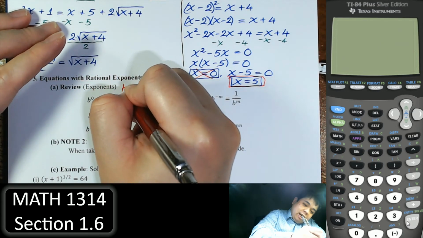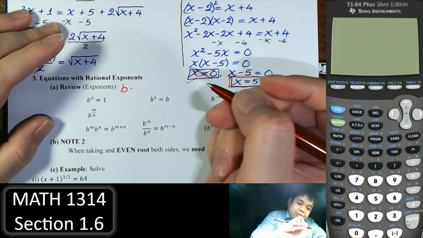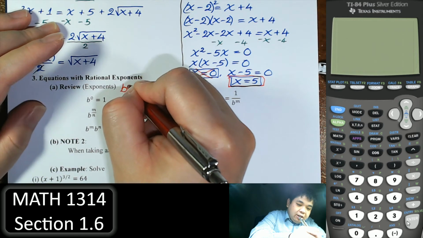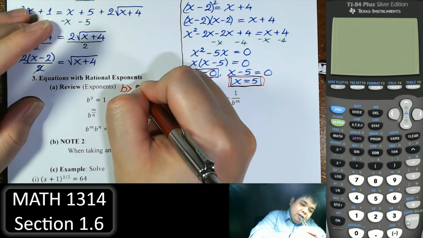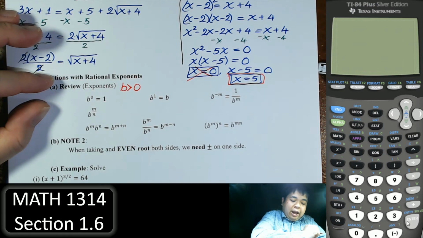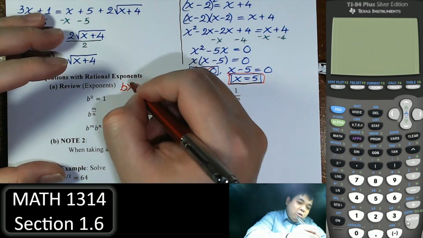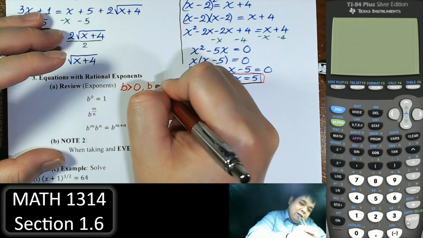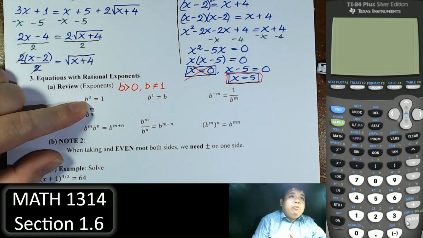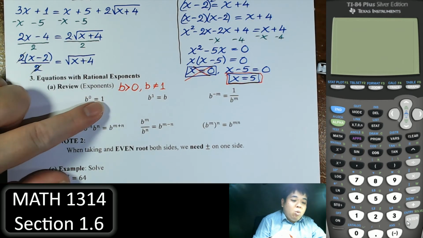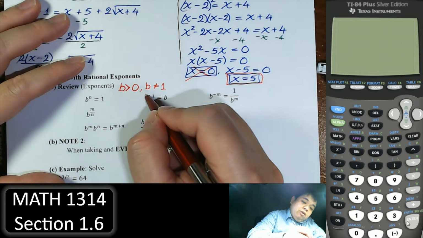So first, let B be positive, and of course also not equal to 1, because 1 raised to any power is 1, so that's not really interesting. And we have these properties. Anything raised to the 0 power is 1. Of course B is going to be positive here. Everything raised to the first power is itself.